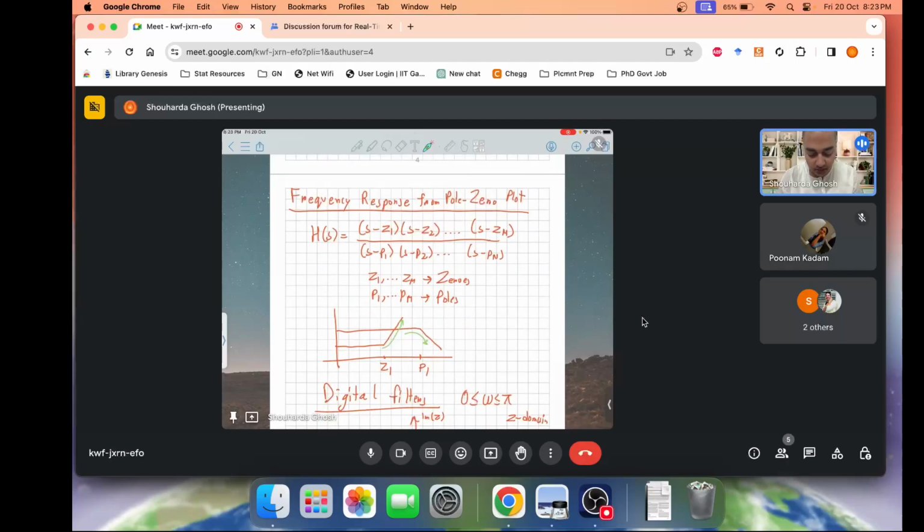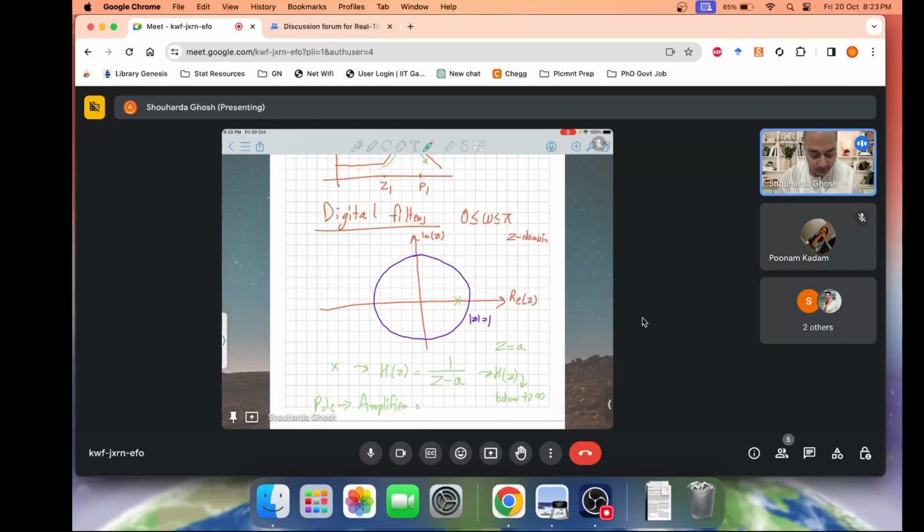Okay, so we also talked about how to obtain the frequency response from pole zero plots. So in digital filters, the frequency ranges from 0 to 2 pi. But what happens when you're dealing with real signals, real systems, not complex signals? We have conjugate symmetry, X of omega equals X star of minus omega. Because of this, whatever you see in the upper half, the magnitude response will be the same in the lower half from pi to 2 pi.